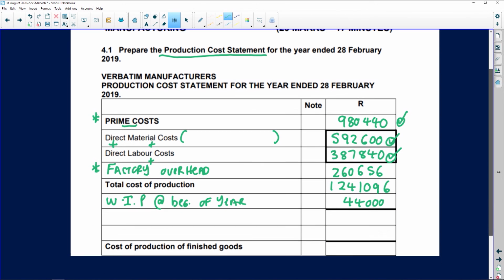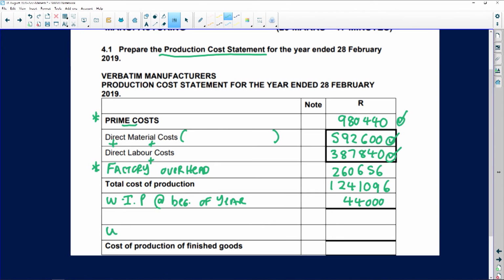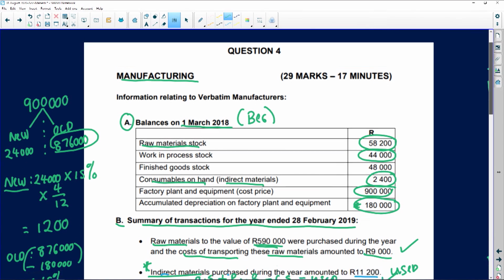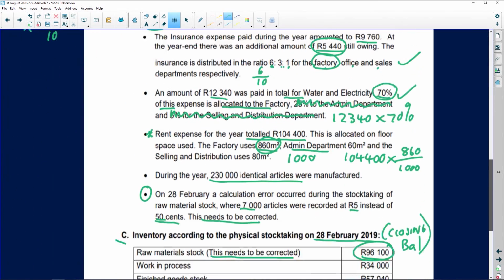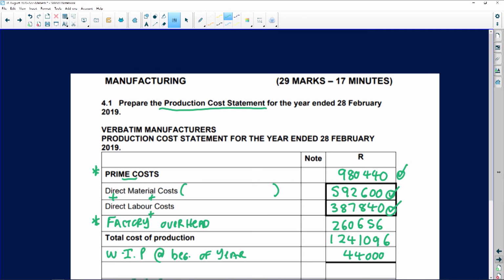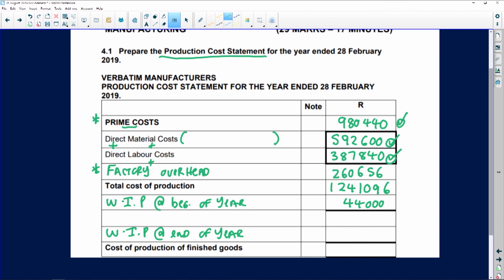And then on the second last line, work in progress at the end of the year. Okay, so back to my information, and at the bottom, that is where it should give me my balances at the end of the year. So work in progress at the end of the year, 34,000. Okay, so let's fill that in. So remember, work in progress at the end of the year is always in brackets, an amount of 34,000.